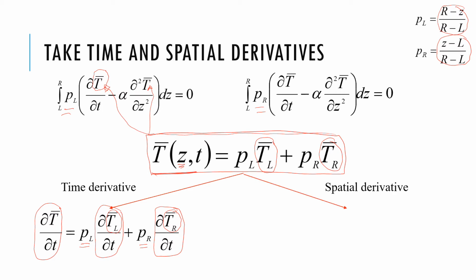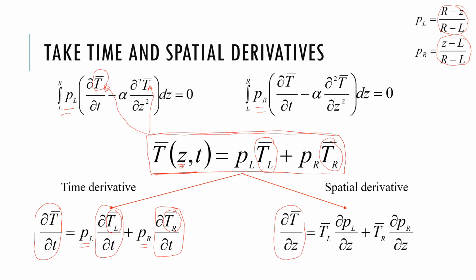So the spatial derivative, on the other hand, I can write del T del Z as TL bar. It comes out. TL bar is the temperature at that location, so it's not changing with location. That's the temperature at the fixed location. And then PL, as you can see, it is a function of Z. So I can write del PL del Z, likewise for TR bar and del PR del Z.